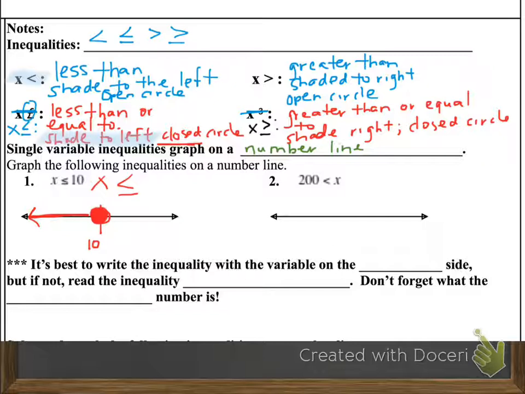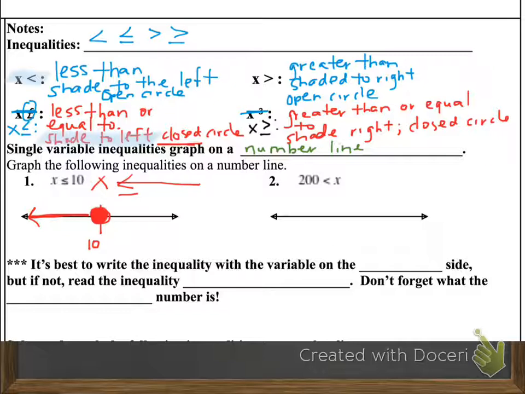So here's the x on the left side, right? This is my inequality sign right here. Now it's going to point me in the direction I'm going to go. So you notice how that matches? But that only works if the variable's on the left side. If the variable's on the right side, it doesn't work. You would have to do the opposite. Okay?